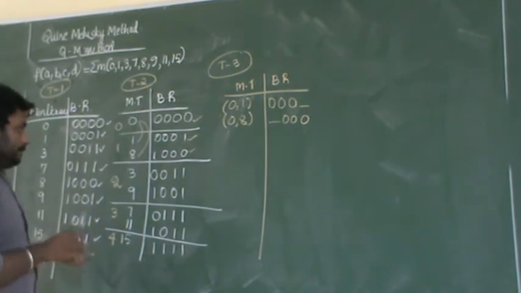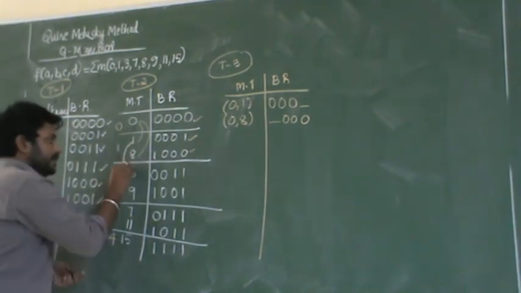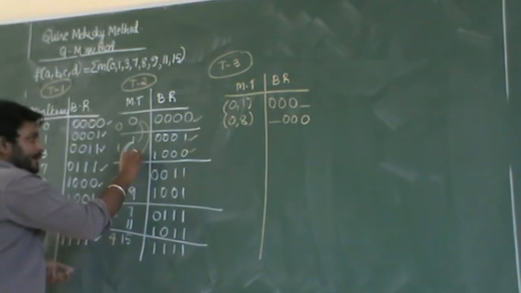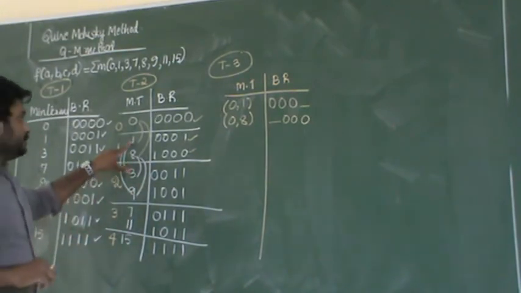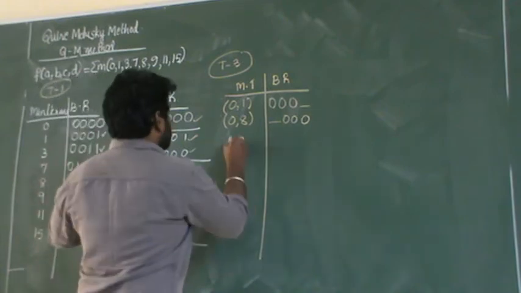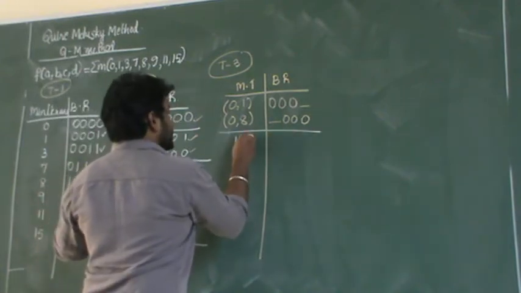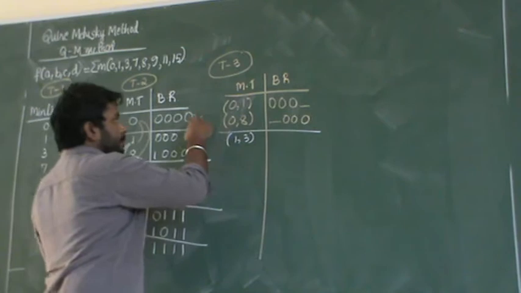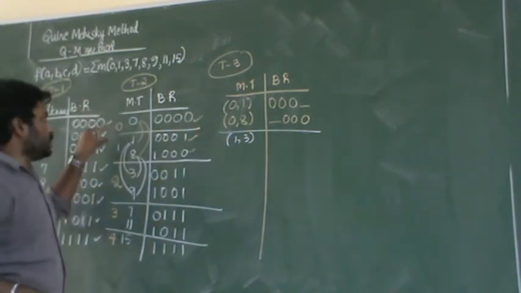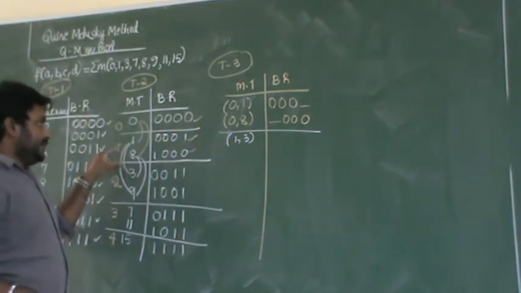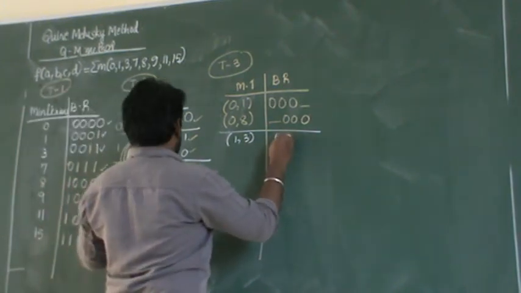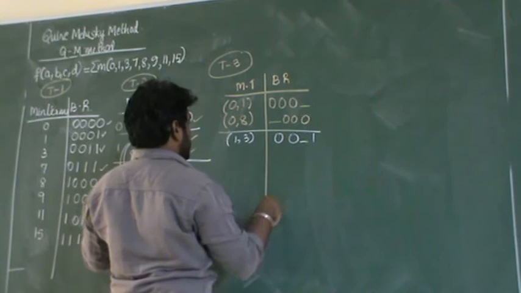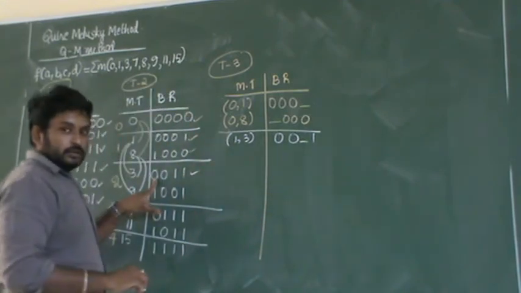Next I have to compare 1 with 3, 1 with 9, 8 with 3, 8 with 9. Whenever I compare 1 with 3, you have to put a tick after comparing the terms from 0, 1. Next, 1 with 3. What will be your representation? 0, 0, dash, 1. Okay, so this has been compared.